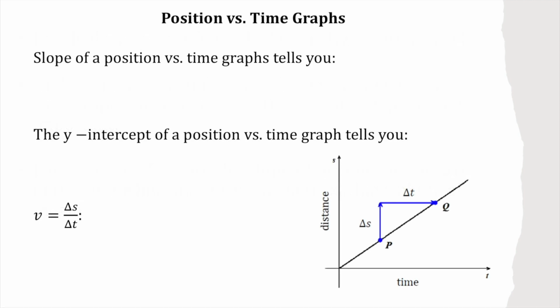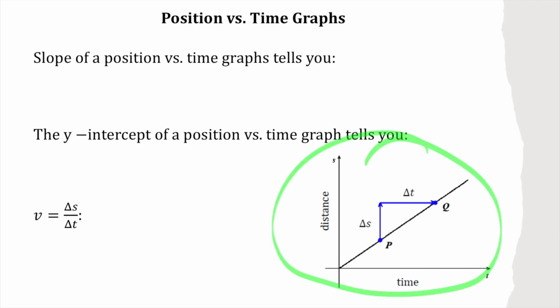We're going to start with position versus time graphs. So this is down here. That's a position versus time graph because we have time on the x-axis and distance on the y-axis.